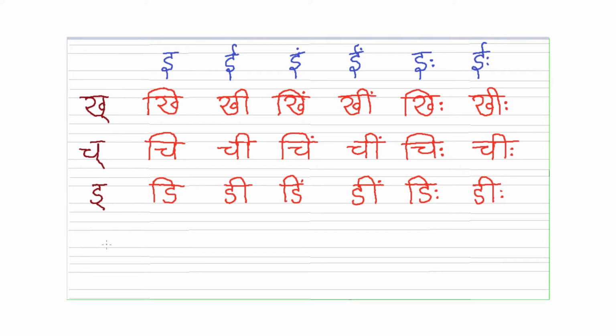All right. So then for the next one, I'm going to take the Mahaprana Tha. As you know, for the Tha, the horizontal line should not touch on the top. So we will see how that gets written.